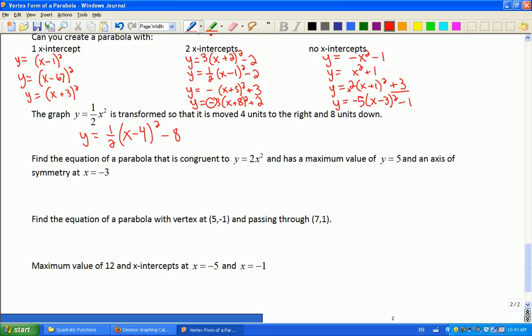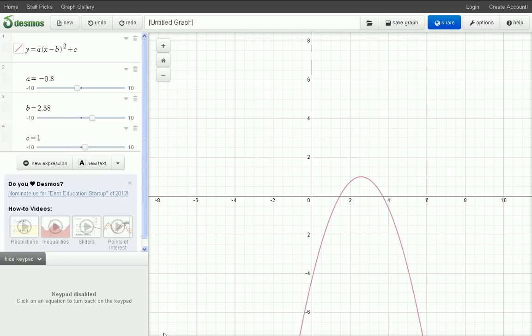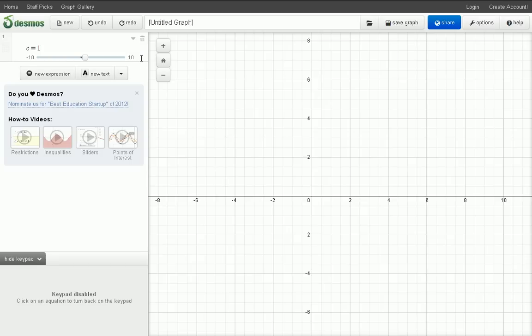This time, if I want to find an equation that's congruent to 2x squared, that means it has to take on the same shape. So if you want to be congruent, for example, let's try a couple parabolas just to show you which ones are and are not congruent.